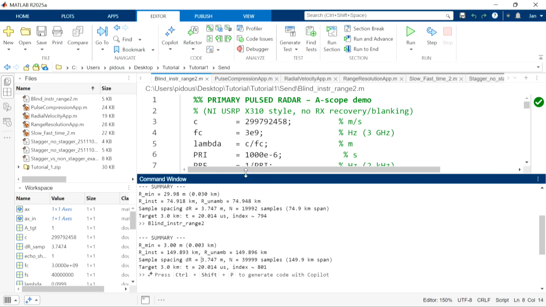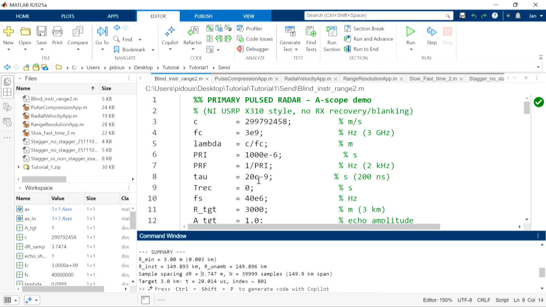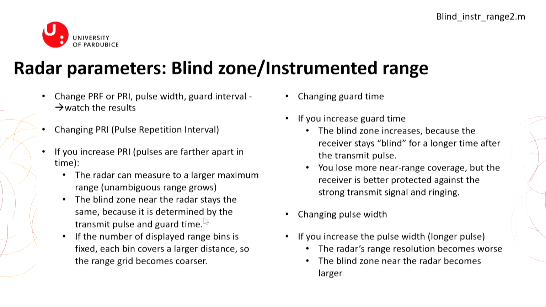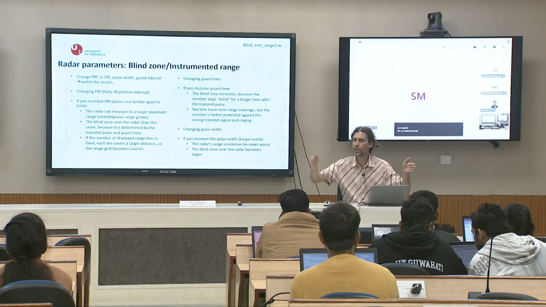So please just play with it, try it, and I will switch to this, and here is what you can see. If you increase the pulse repetition interval, what happens? It is clear, the instrument range will be longer, so my unambiguous range will increase.